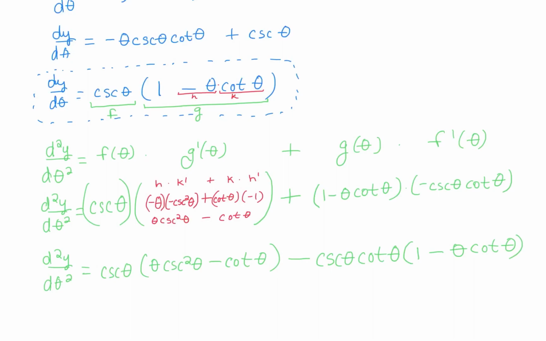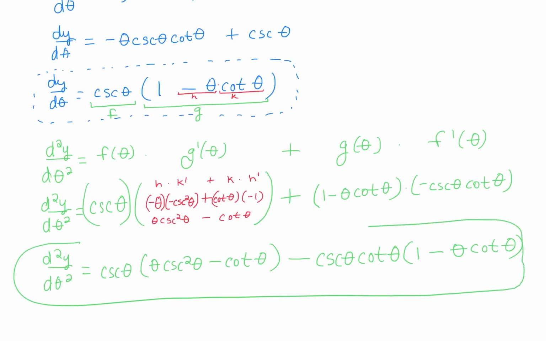This at least minimizes a little bit the amount of nested parentheses that you'd have to enter in. Is there anything to really simplify? I don't know. You could factor out a cosecant theta if you wanted to, but I'm just going to leave it like that and wrap this up.